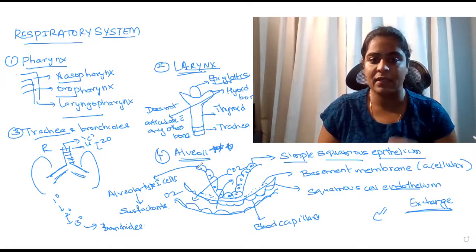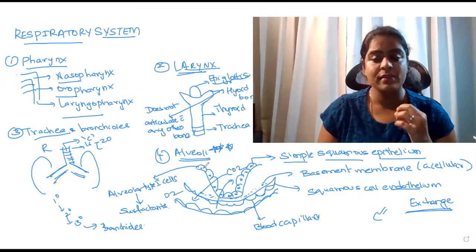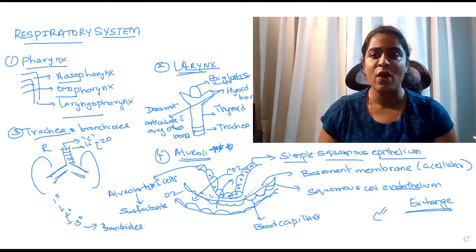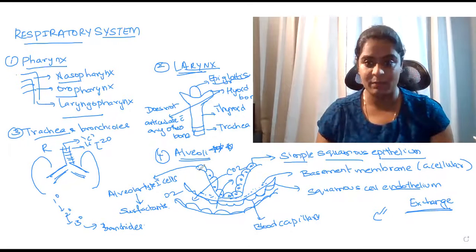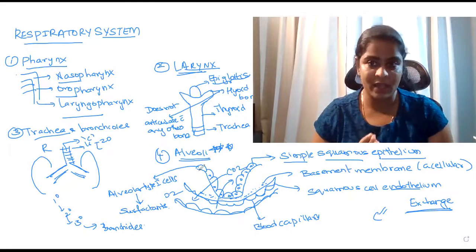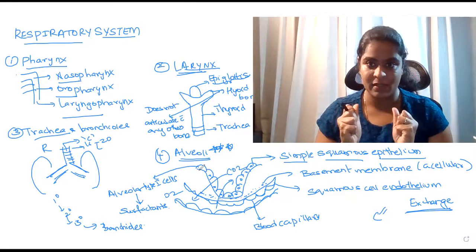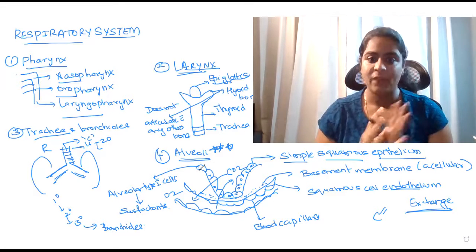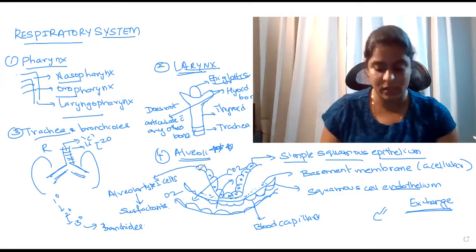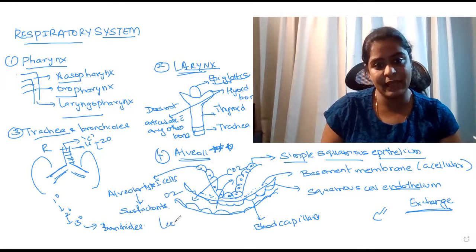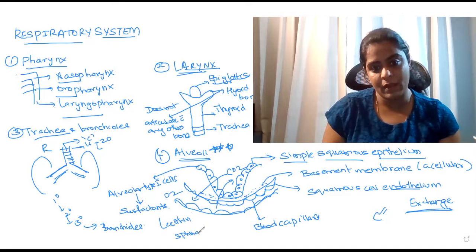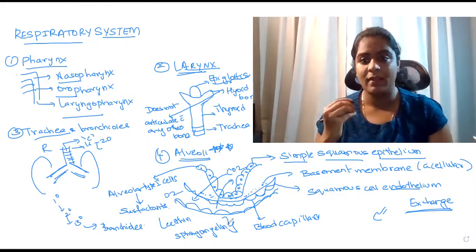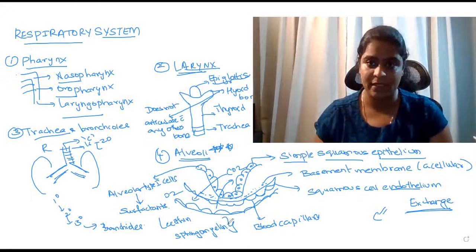Another thing to remember in the alveoli is that it has some special type of cells without which our lungs can collapse. If these cells are not there, your lungs will just collapse. They stay in place mainly because of these cells. Now what are those? Those are lecithin and sphingomyelin. These both are surfactants that prevent the lung from collapsing.